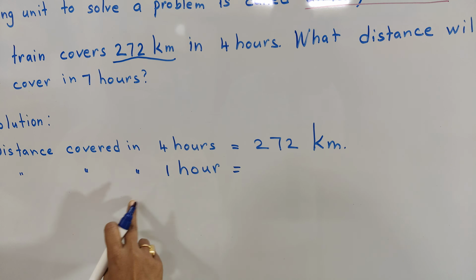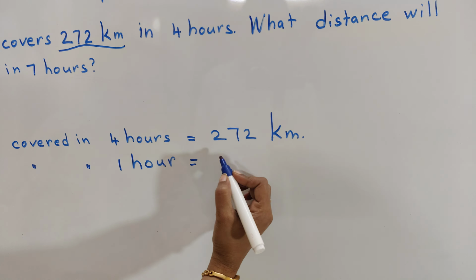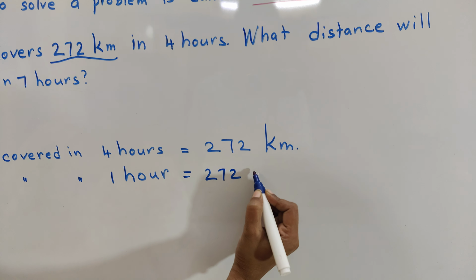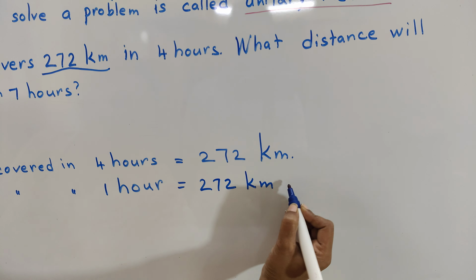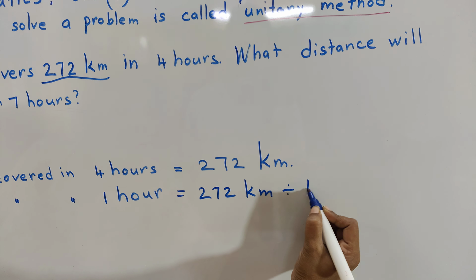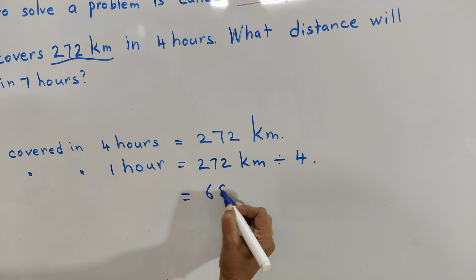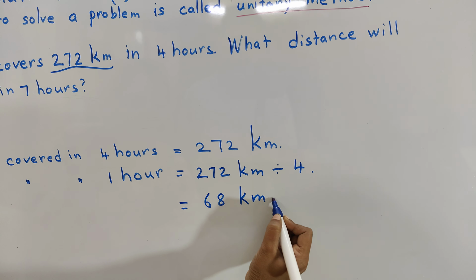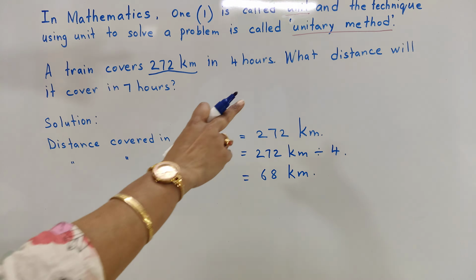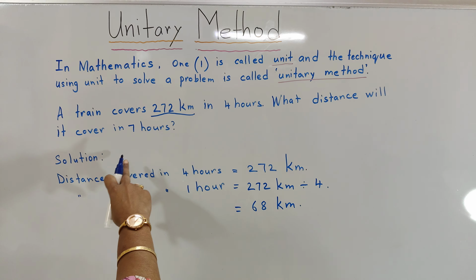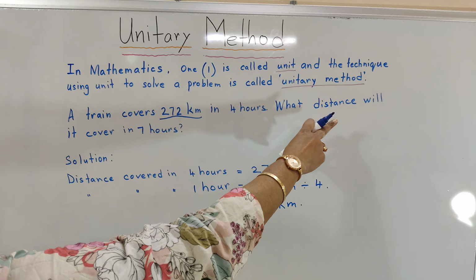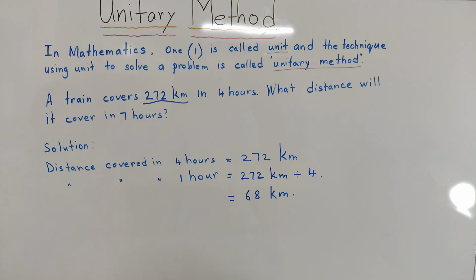So to find the distance covered in 1 hour, we need to divide 272 kilometers divided by 4 is equal to 68 kilometers. Now let's read the remaining part of the question. What distance will it cover in 7 hours?